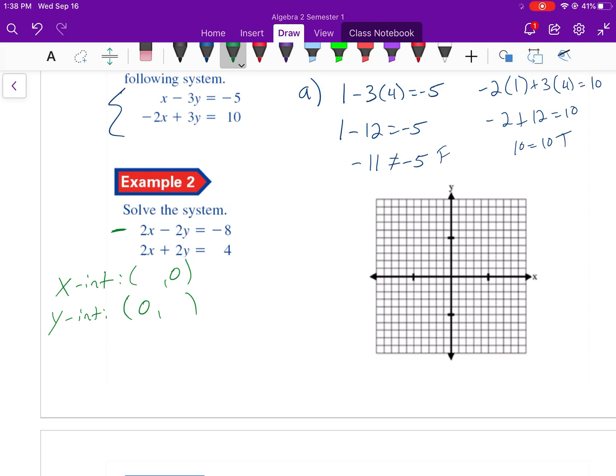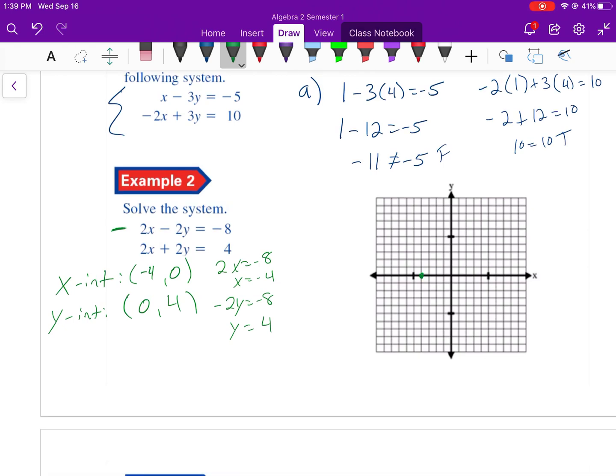Plugging in 0 for y, 2x equals negative 8, or x equals negative 4. For the y-intercept, negative 2y equals negative 8, or y is equal to positive 4. So we have our 2 points to graph that first equation: (-4, 0) and (0, 4).